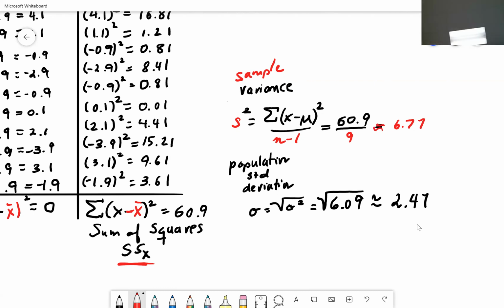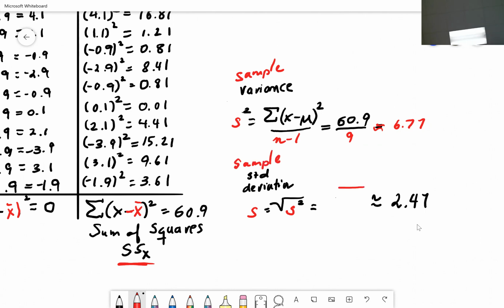Obviously, you should keep this in your calculator. In other words, if you kept the number in your calculator, when you did the square root to find your standard deviation, it's a sample.